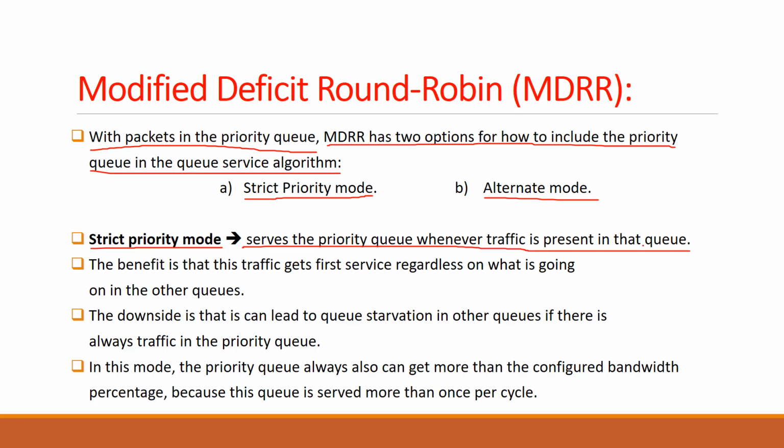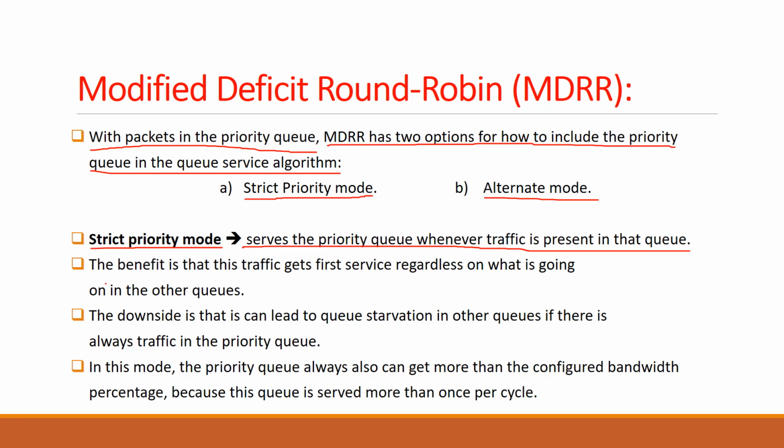What this means is, if the priority queue has some packets, the only served queue will be the priority queue. And once those packets are served, it will go to the other normal queues from 0 to 6.